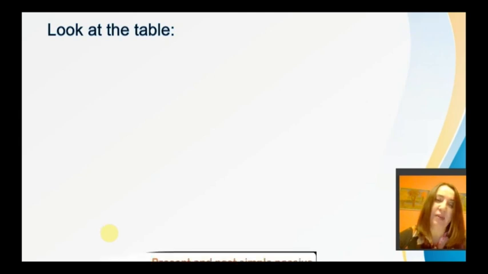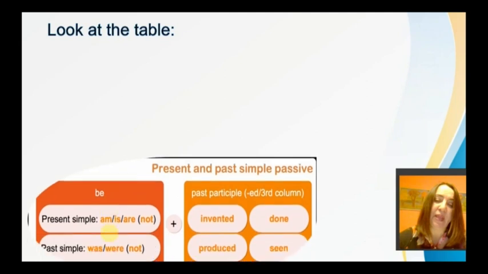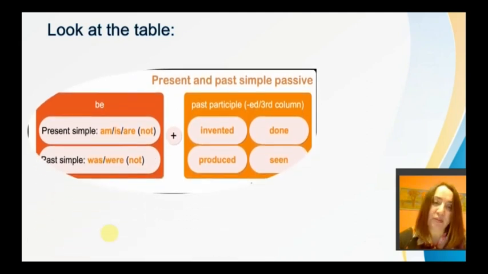Look at the table. This is a short rule of forming passive. Verb to be plus past participle, ed, d, or third column. Present simple: am, is, are in positive, or am not, isn't, aren't, plus regular, like invented, or irregular, like done, of do.